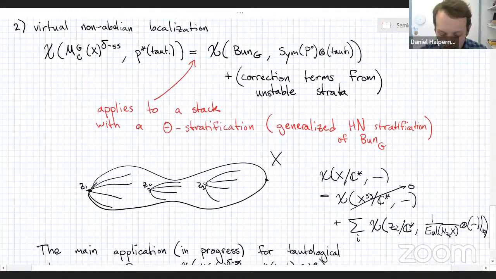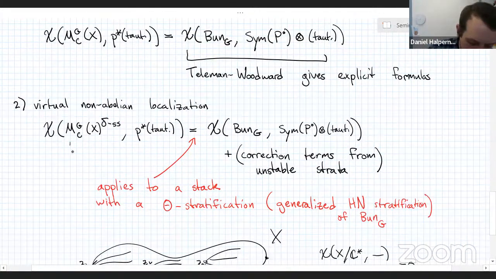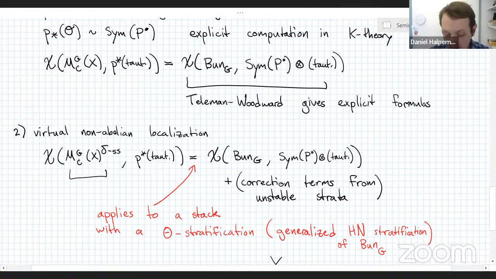But to get there, all of this required that you have a stratification of the stack of gauged maps, of which this is the open semi-stable piece. And it's implicitly there in 1, 2, because you want to show that those cohomology groups are finite so that the index is even well defined.